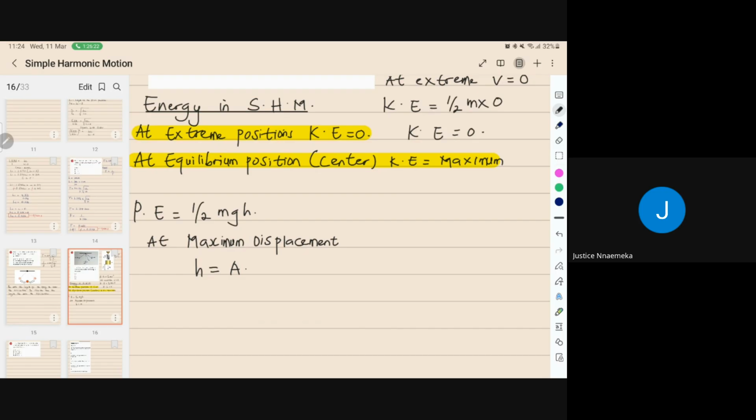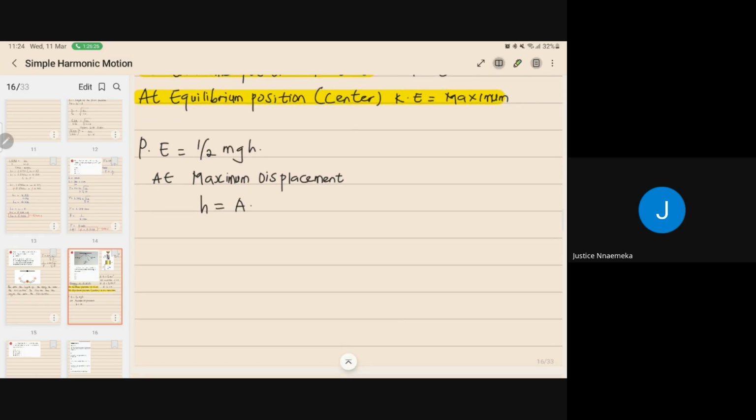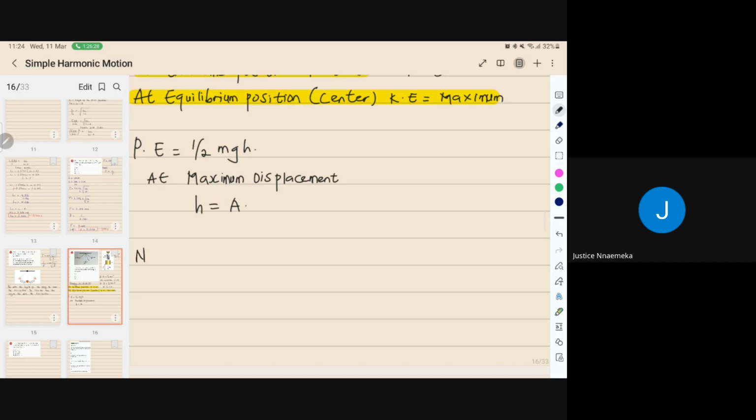And remember that potential energy is a function of height, a function of displacement or height.